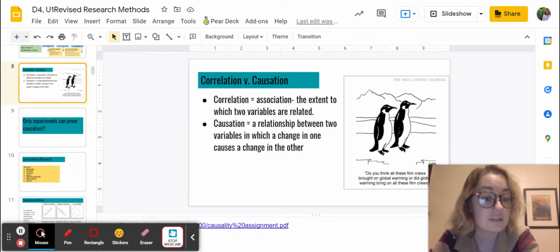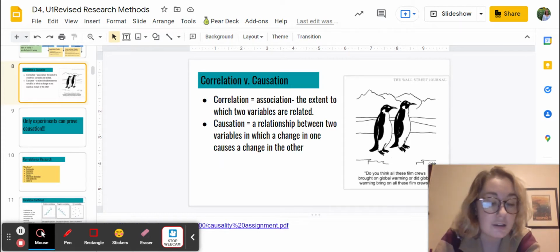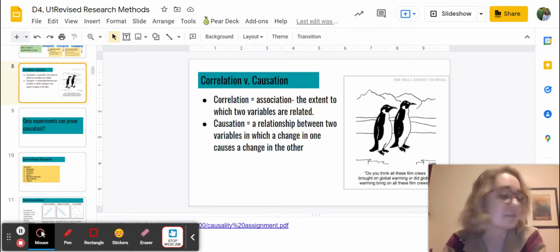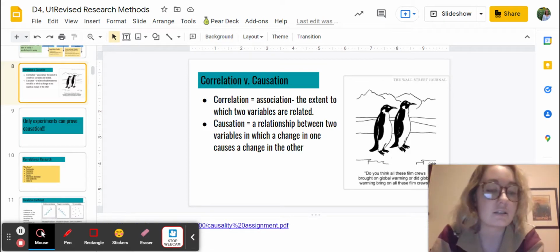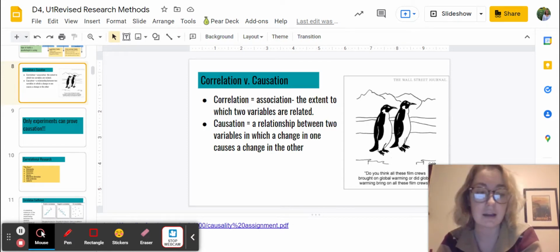Correlation is that two things are related. There's some form of relationship between these two, but we don't know if one's necessarily causing the other. There could be something we call the third variable problem, in which there's actually something else going on that could be causing these to be connected. So we don't know for sure that there is causation. We just know that they're connected somehow.